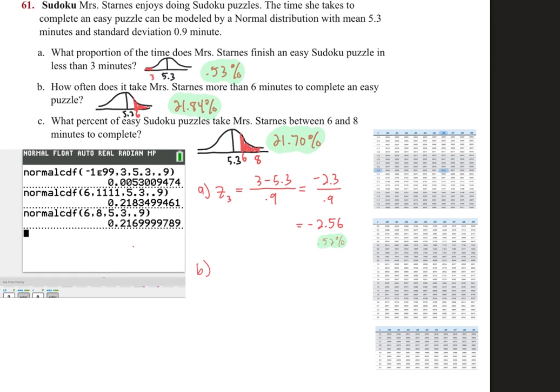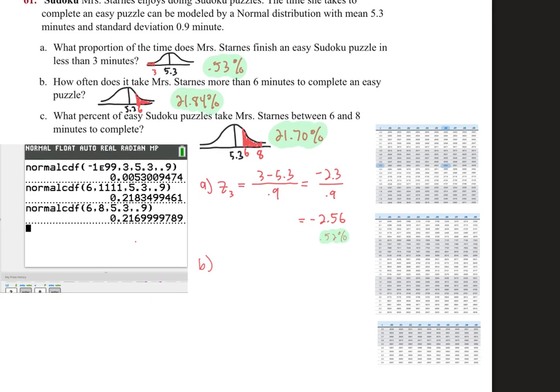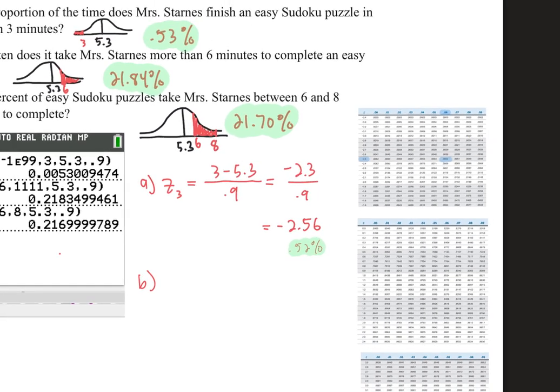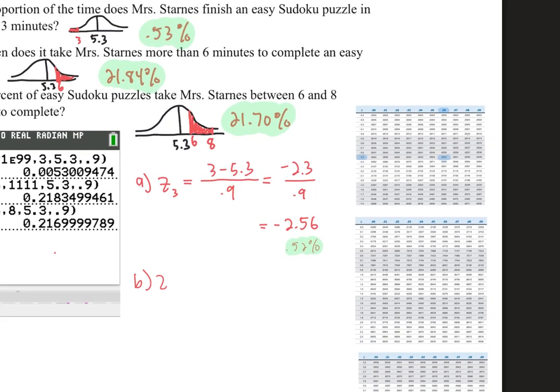Okay, for part B, more than 6 minutes, let's find the z-score associated with 6. That's 0.78, let's say.